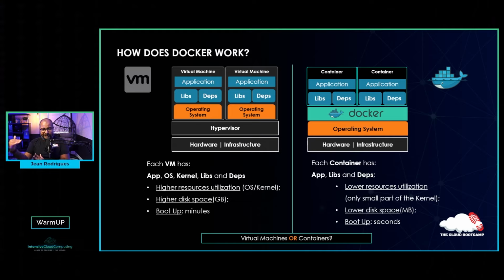That's why you see more and more companies modernizing their applications to use containers, and you see companies using virtual machines only for the applications that cannot be modernized, right? So maybe some legacy application or some very high intensive workload application that is still a monolith that cannot be modernized at that time.